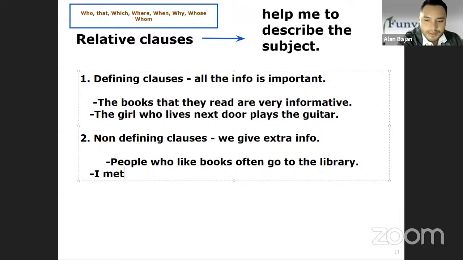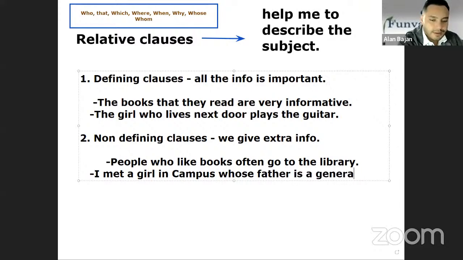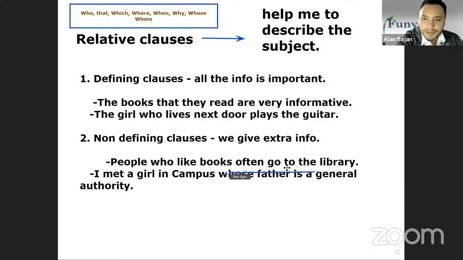I met a girl in campus whose father is a general authority. So can I delete this part?